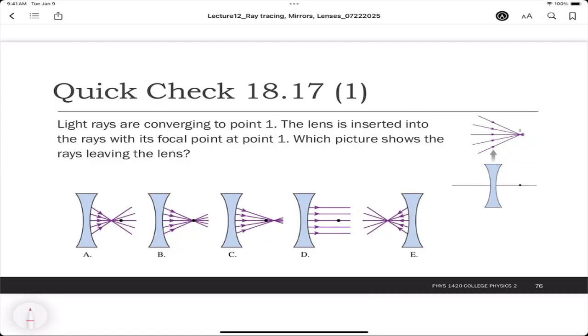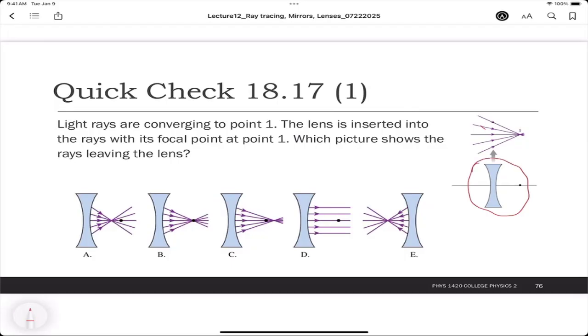Which picture shows the rays leaving the lens? Firstly, let's talk about what this is.